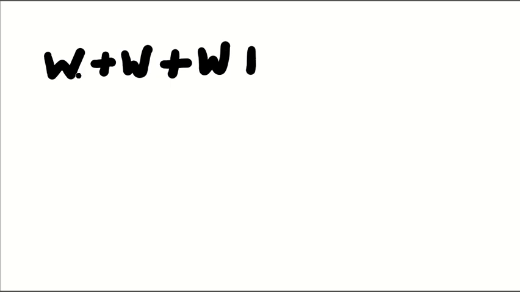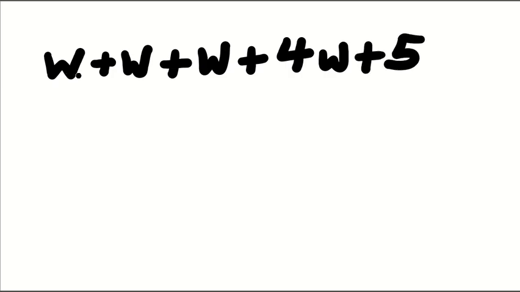W plus W increased by W plus 4W plus 5W minus W. Is there a way for me to combine them terms so it's a lot easier? Well, of course it is.